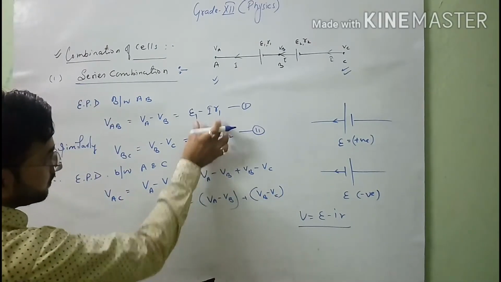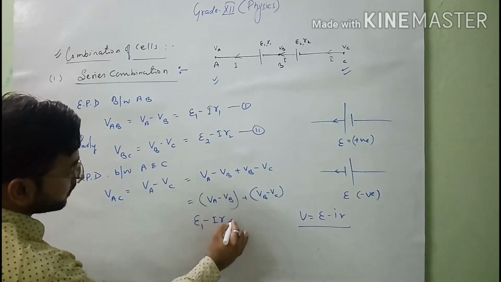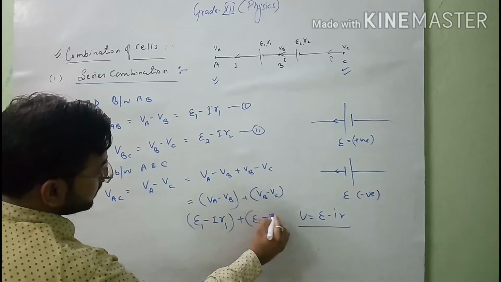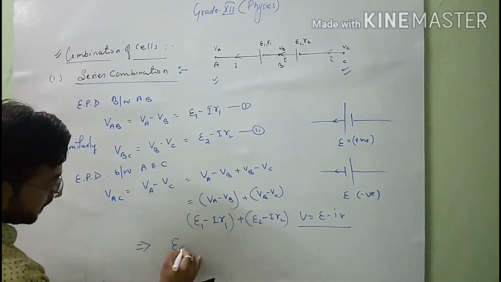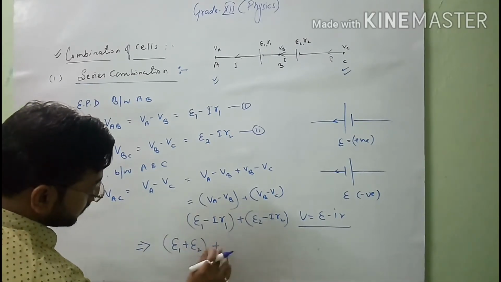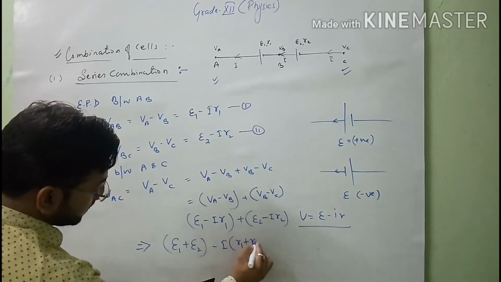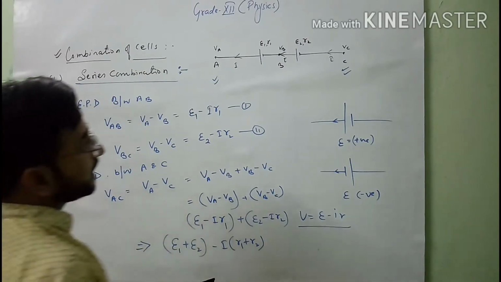After rearranging, I will write it as epsilon 1 plus epsilon 2, minus I, taken as common, times R1 plus R2.